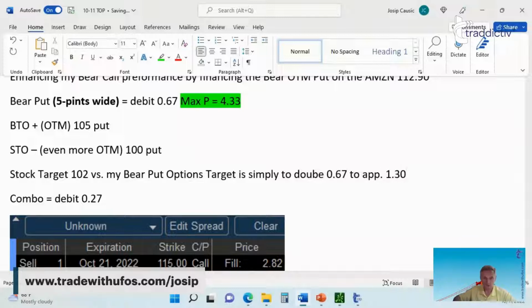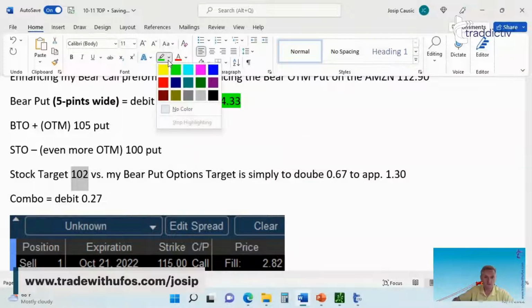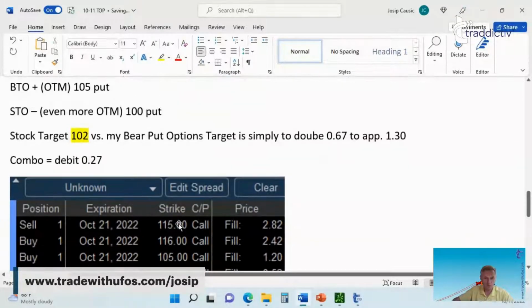That's all that I want. Because if it's $1.30, I take it off. By then we're somewhere around 102. And if you're at 102 and I have sold 115, don't worry about buying 116. That's useless. That's just something that I had to have as a hedge in case I'm wrong and the market goes up.